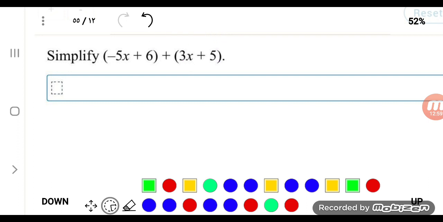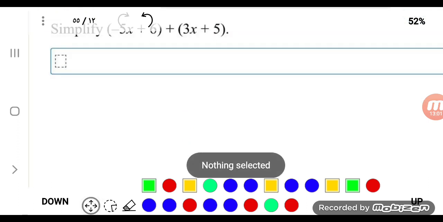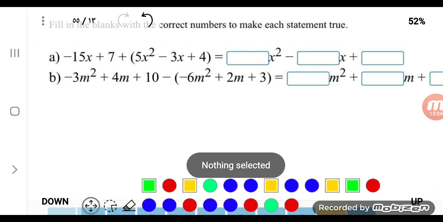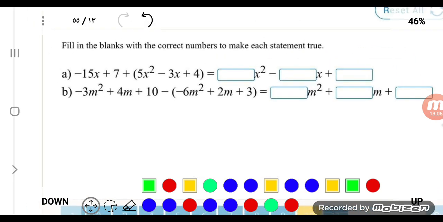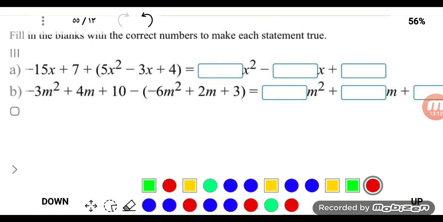Okay. Let's now move to the next one. Here. Fill in the blanks with the correct numbers to make each statement true. First one, negative 15x plus 7 plus 5x squared minus 3x plus 4.